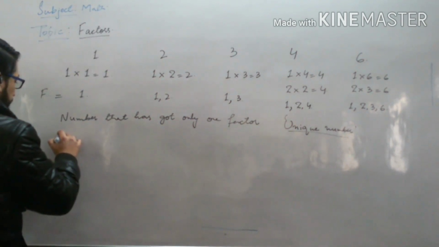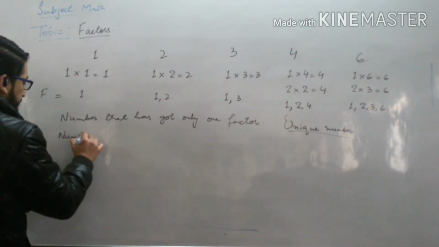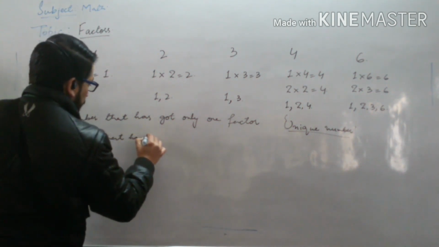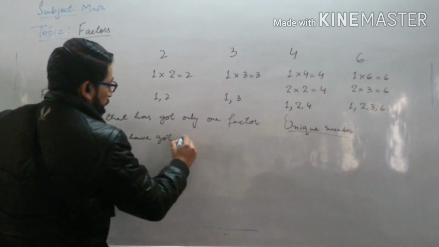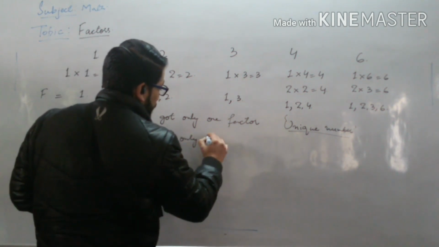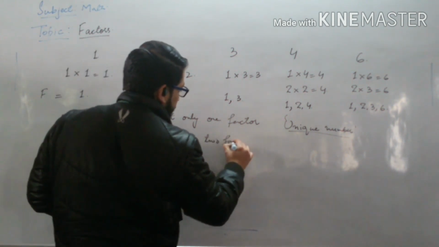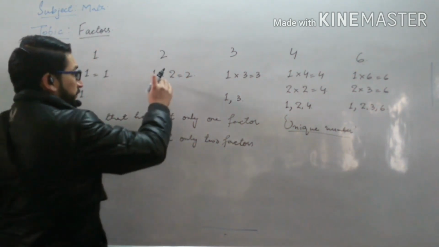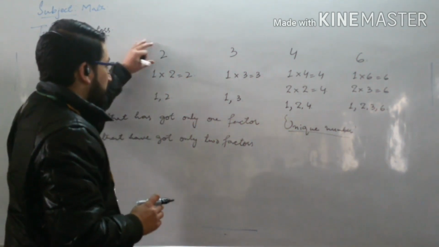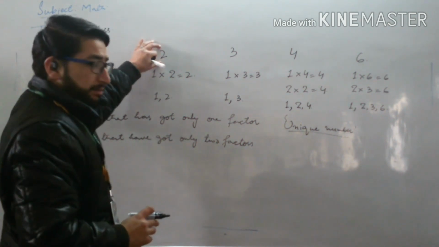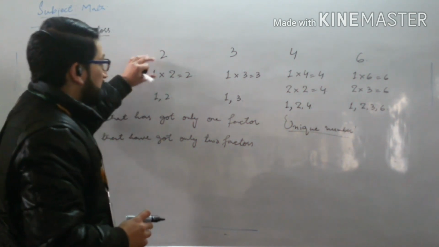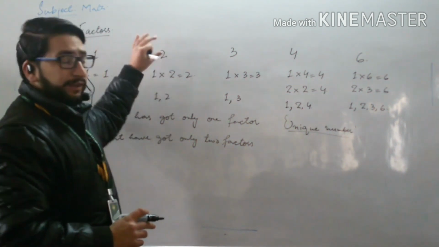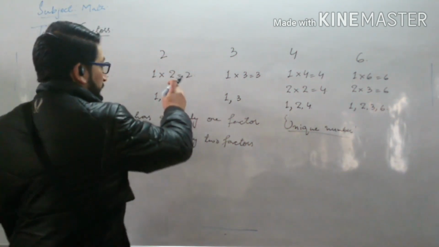And another, or we can say numbers that have got only two factors. Numbers here which have got only two factors. In that case 2 is the number. Here 1 is a factor of 2 and 2 itself is a factor of 2.